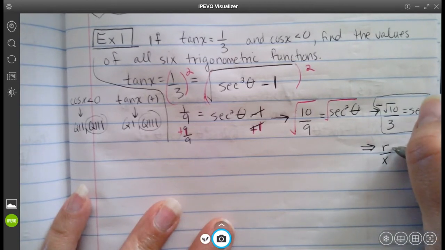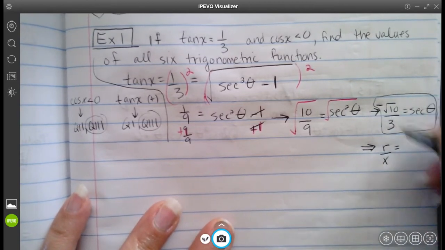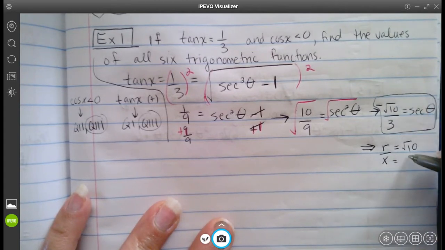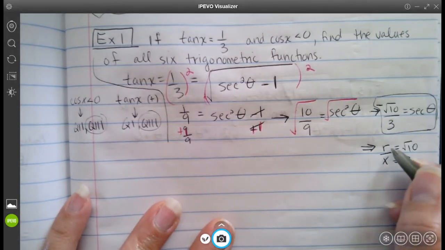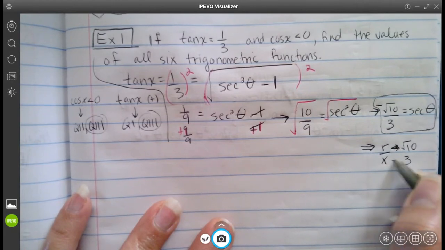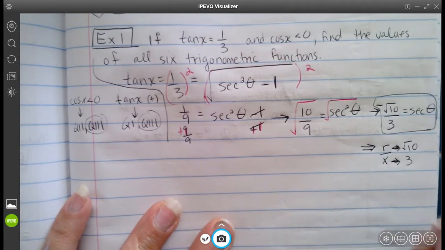So this will tell us that r equals the square root of 10 and x equals 3, okay? I probably should put an arrow because that looks weird with an equal sign and a fraction. But yeah, that's what we have.